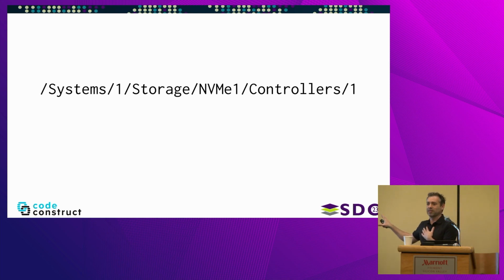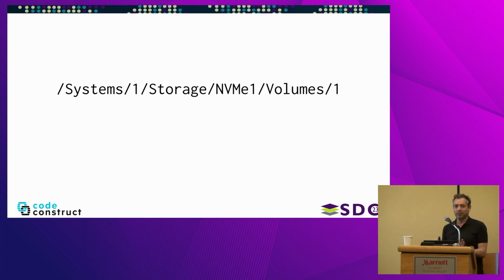This maps that to a remote access facility for an NVMe controller. As well as that, we have volumes present in our Swordfish namespace, and those map to our NVMe namespaces. So we can perform namespace management operations at this object in the REST hierarchy of Swordfish.